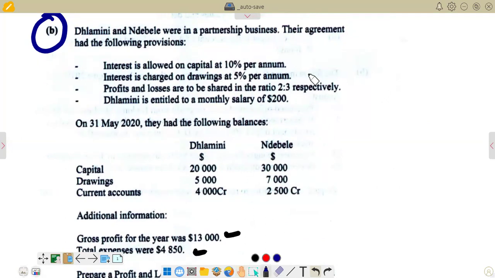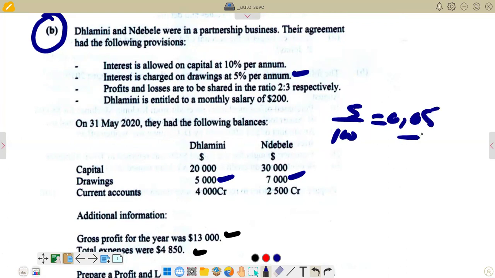The total drawings for Kamini are 5,000 and for Dembele 7,000. So we say 5% of 5,000 for Kamini, where 5% is 5 over 100. If you divide 5 by 100, you get 0.05, so we multiply by the factor 0.05. For Kamini, 0.05 times 5,000.